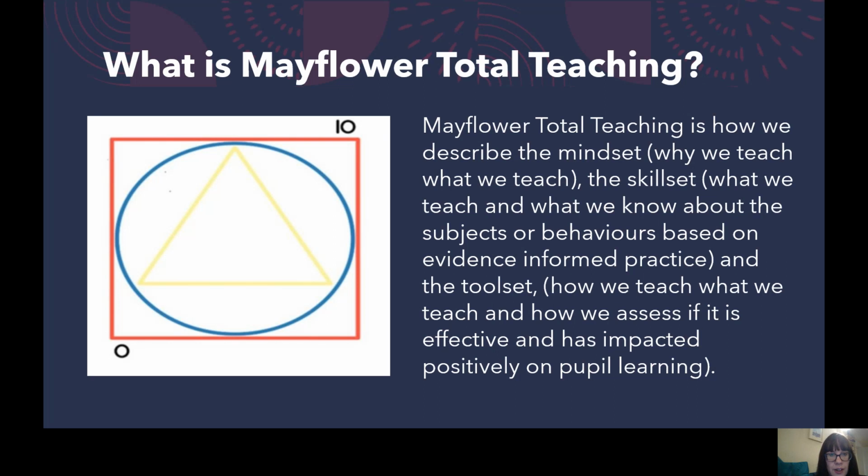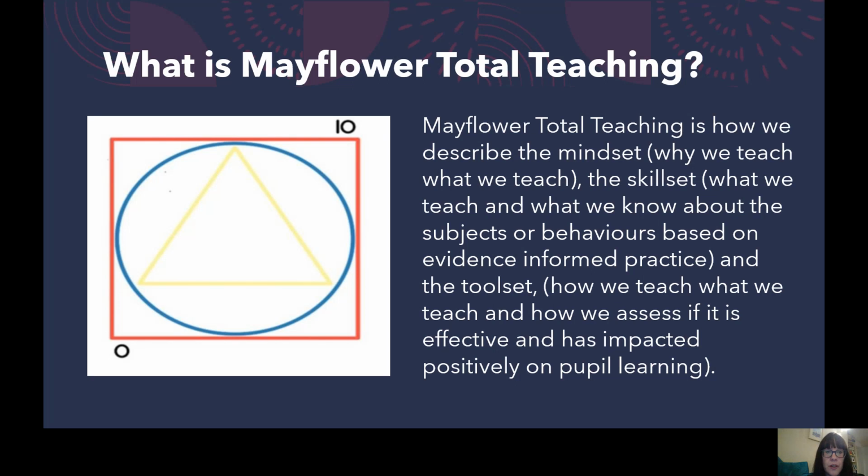So let's start from the outside and work inwards. You will see the 0 and the 10. The 0 and the 10 represents our positive learning behaviour expectations, our PLB. That's part of our pedagogy. The red square represents the 4 C's, which I'll explain to you.